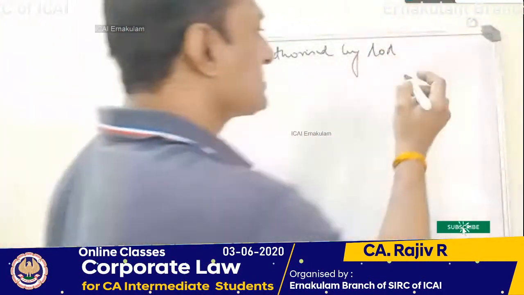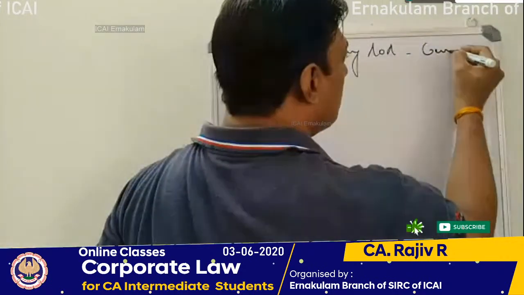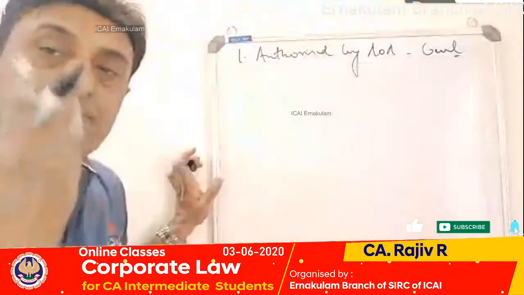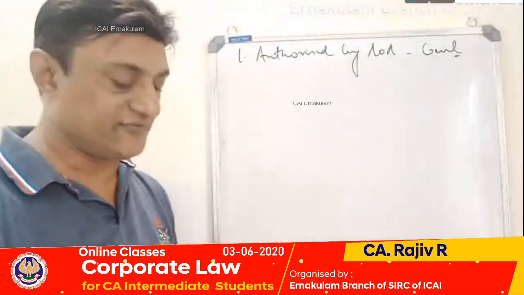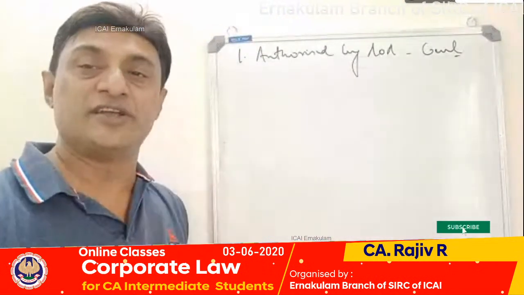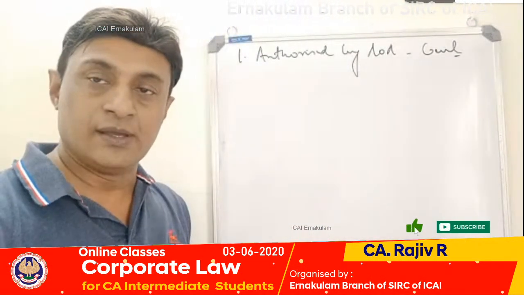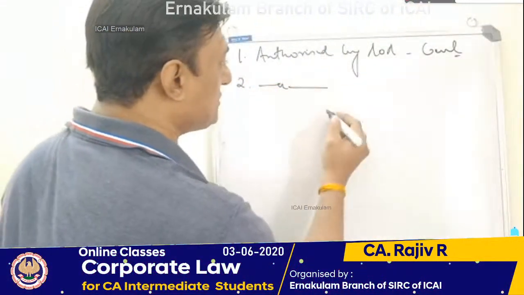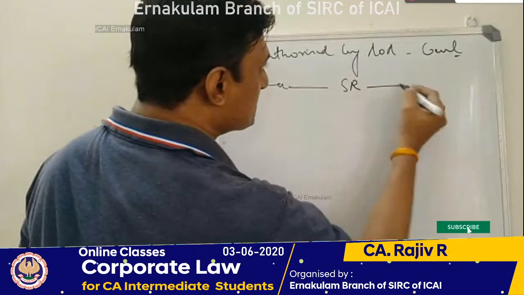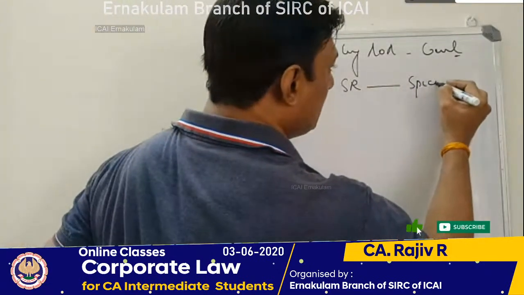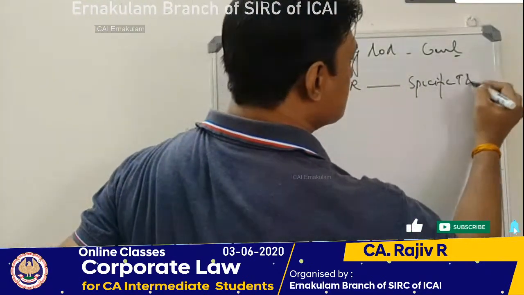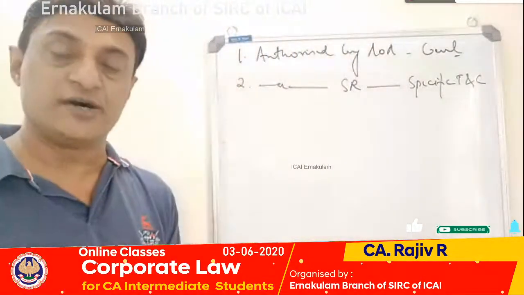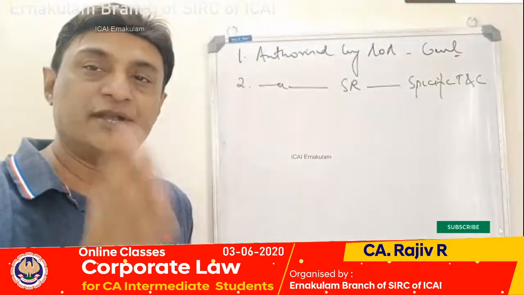The articles give the company a general power to redeem preference shares at any point in time without giving any specific terms and conditions. So for the specific terms and conditions, you have an authorization by a special resolution giving the specificities or the specific terms and conditions for that particular issue.